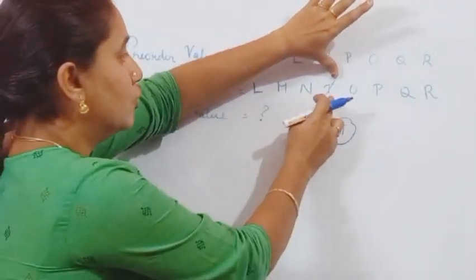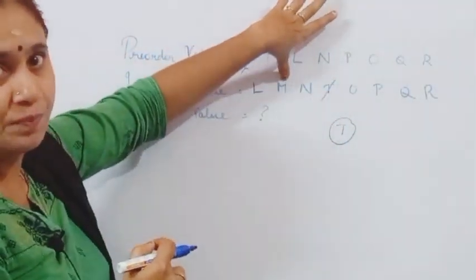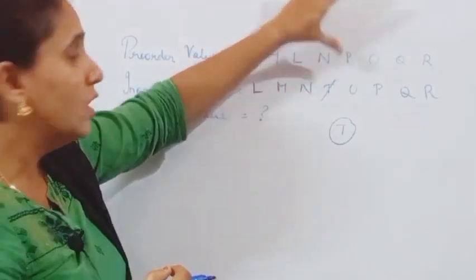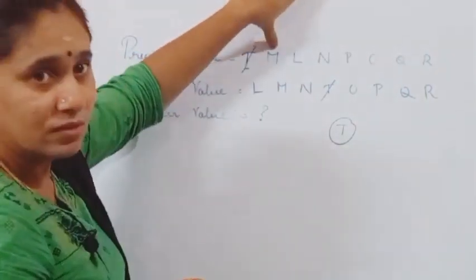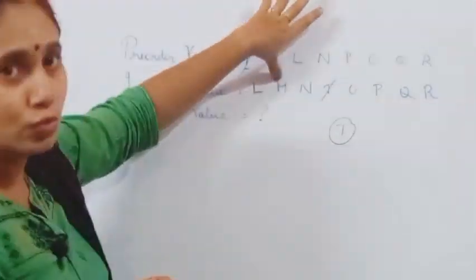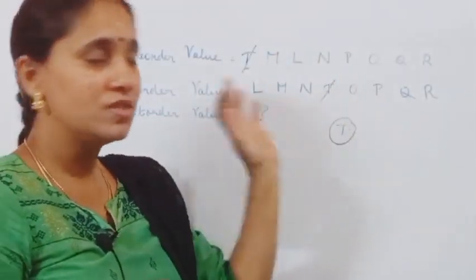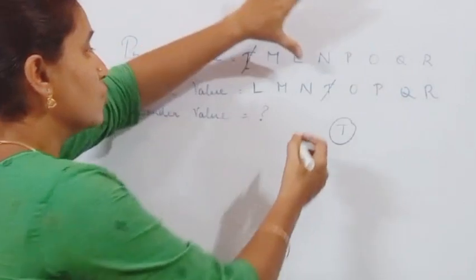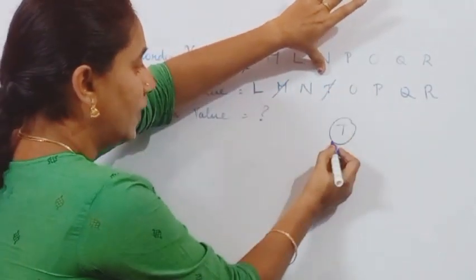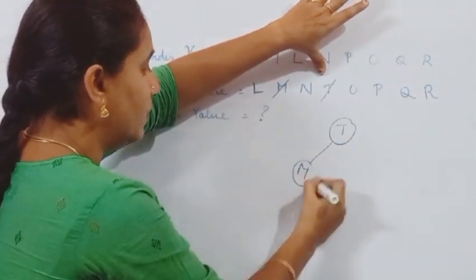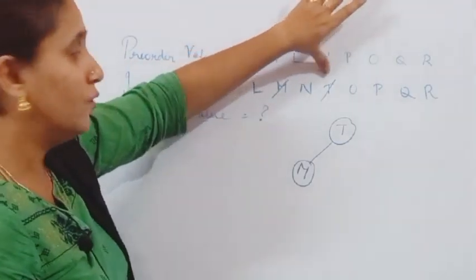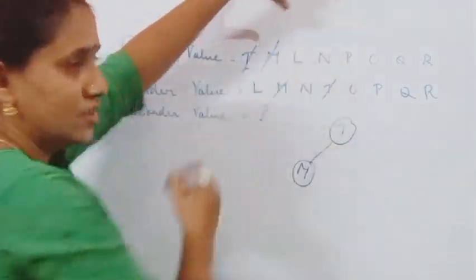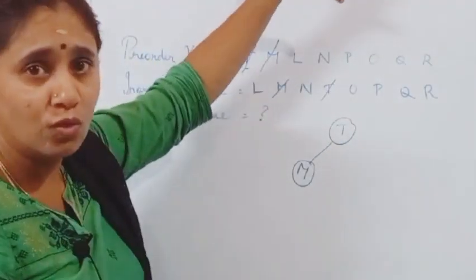M is present to the left of T. That is what I am telling you, that in-order should be taken as the basic one, right? So can I write like this? Yes, I can write. M is present to the left of T. Now this is finished. Friends, can you follow?